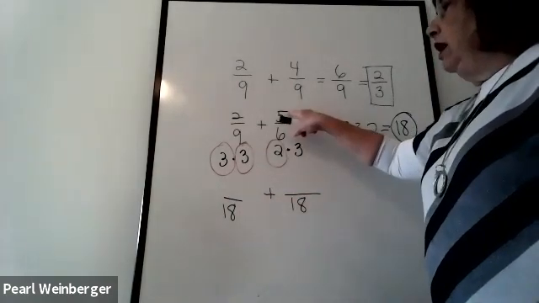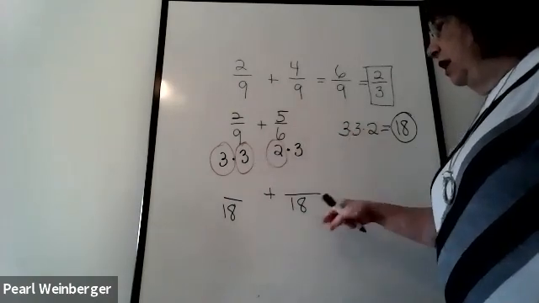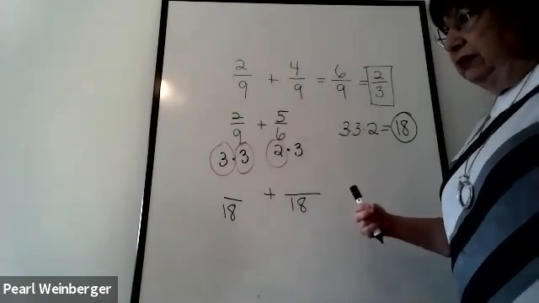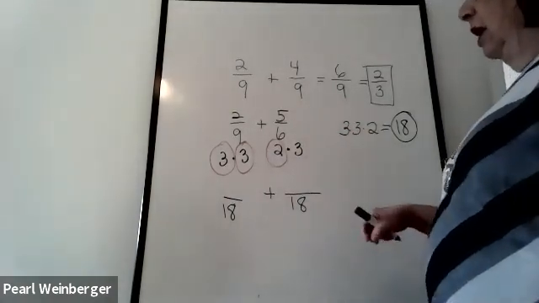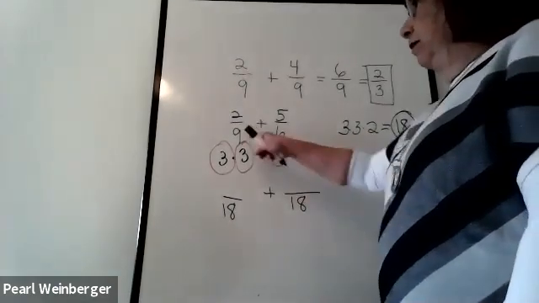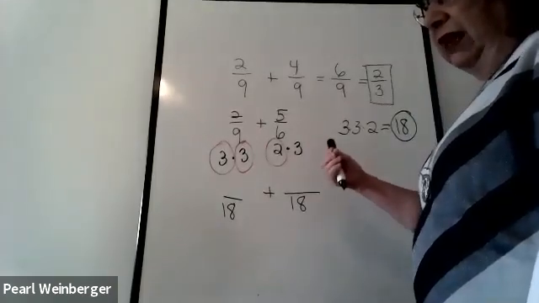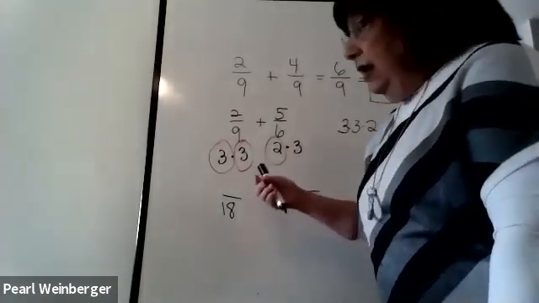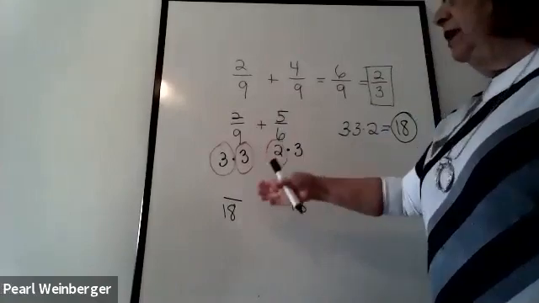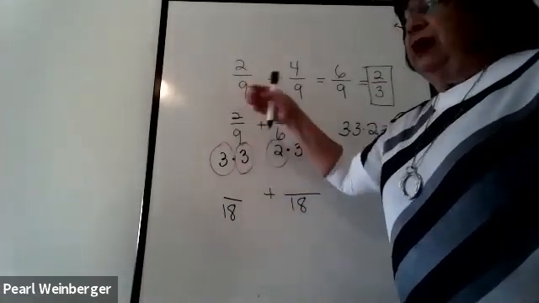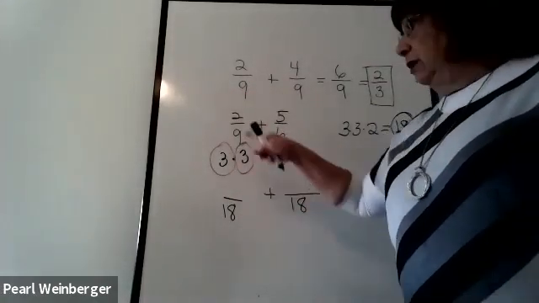I also want to write 5 over 6 as a fraction whose denominator is 18. How do I do that? Well, I know a fraction remains the same value if whatever I've multiplied my denominator by, I've multiplied the numerator by the same exact number.